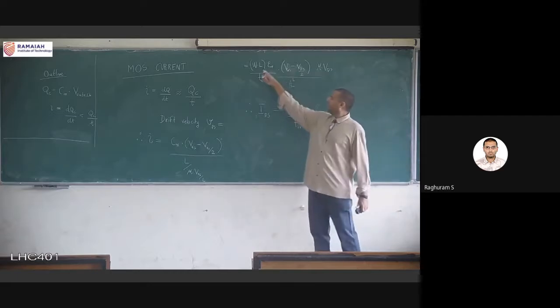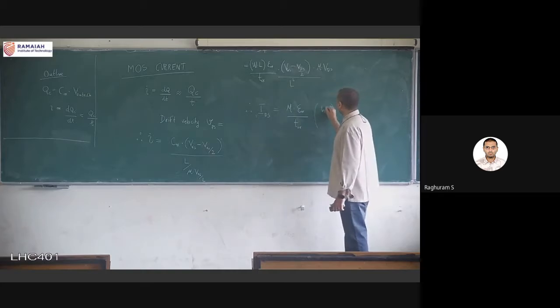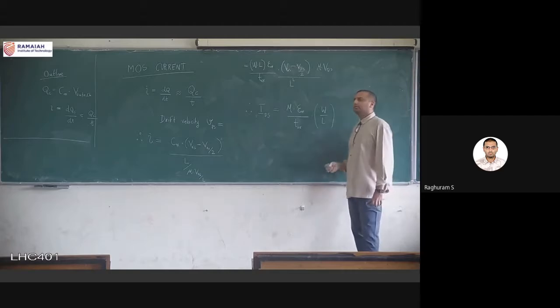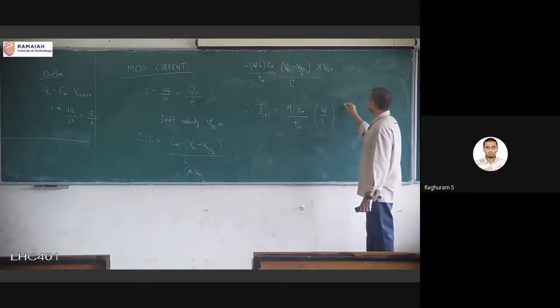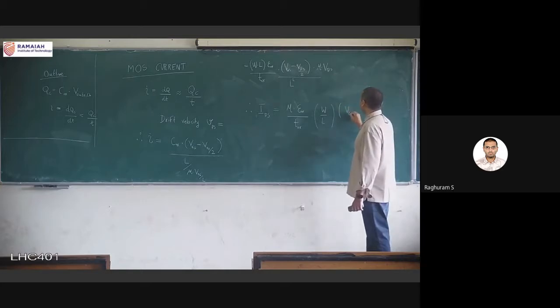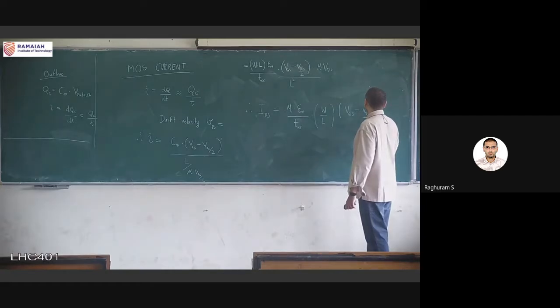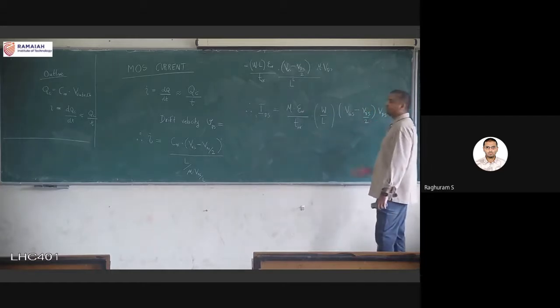L square and L, one will get cancelled. So what I will have is one term which is supremely important term in digital design, and I'll tell you in 1 second why that is important. And of course, just finish off the equation with the rest of the thing. VGS minus VDS by 2 into VDS.